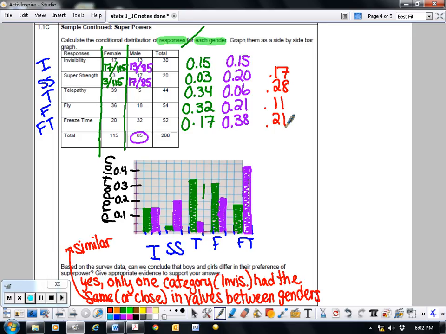There's only one that really showed similarity, so I'd say there's definitely a difference. We're going to learn mathematically how to tell whether there's really a difference or whether this just happened by chance, and we're going to talk about that as we get farther and farther.